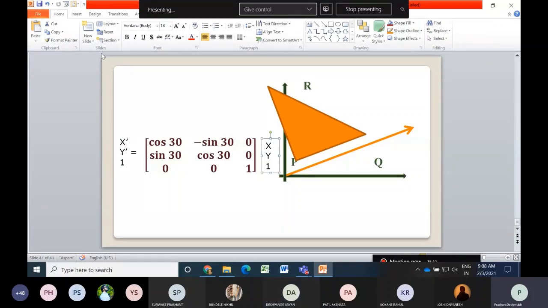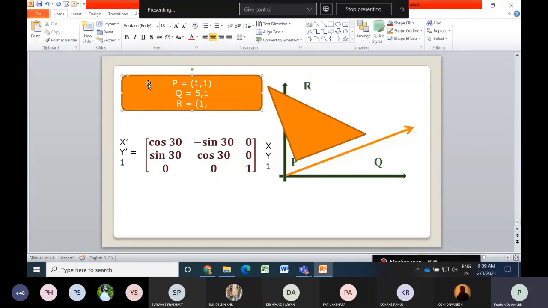Okay, now note down the coordinates. I will give you three coordinates. P equal to 1 comma 1, Q equal to 5 comma 1, and R equal to 1 comma 5.